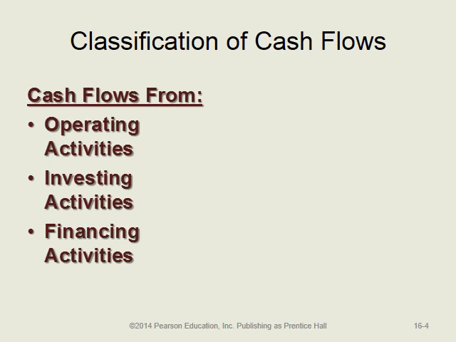Now, all cash flows can be assigned to one of three different categories, and these are the categories you see on the statement. Cash flows from operating activities, cash flows from investing activities, and cash flows from financing activities.